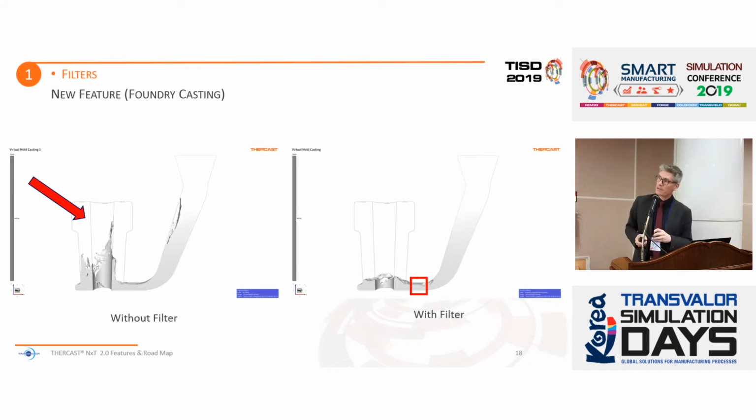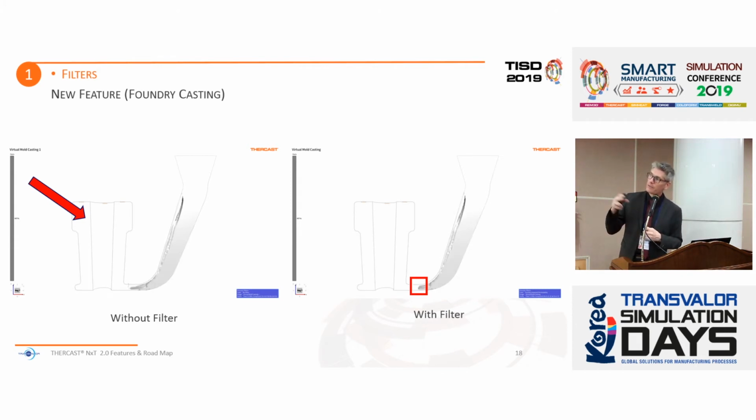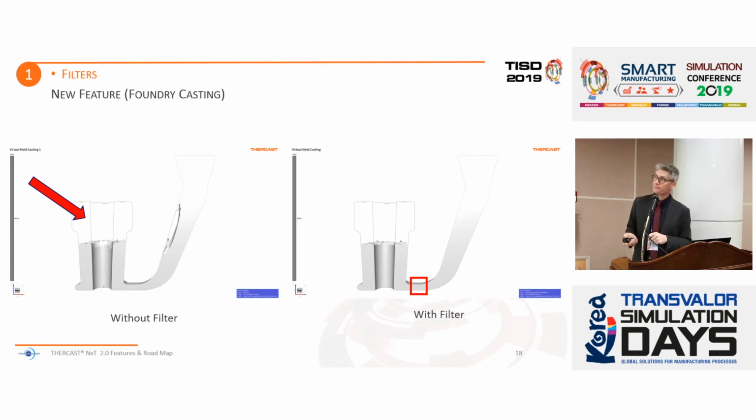Whereas on the right side you have the filter, marked by the square, and you can see that when the fluid flow crosses the square, the velocity is much smaller and the fluid flow is very calm, so there is no air entrapment and the quality of the part is much better. So this is now possible to do.